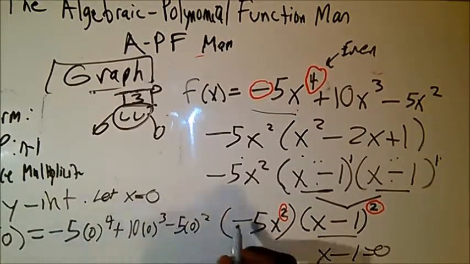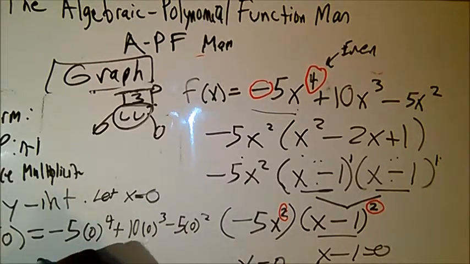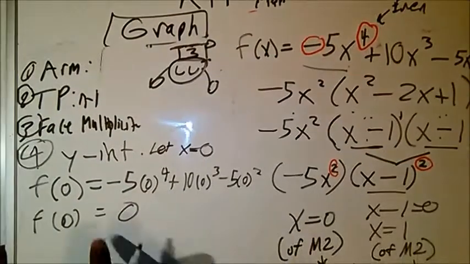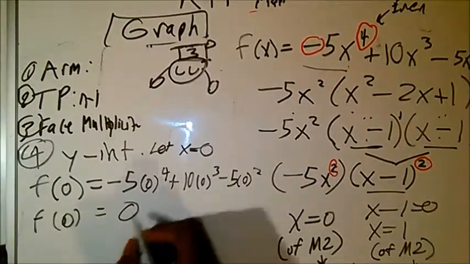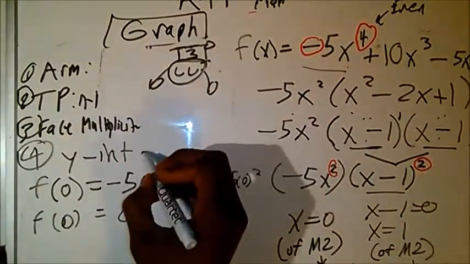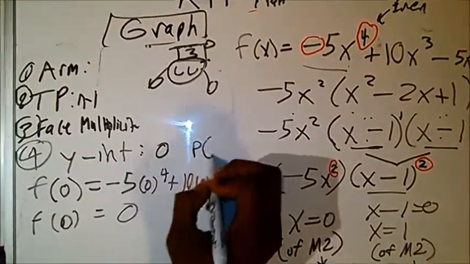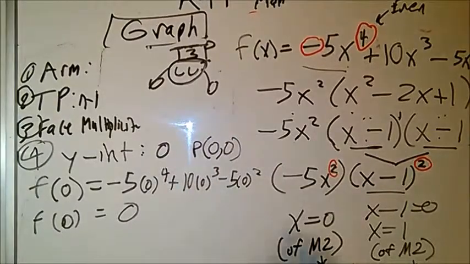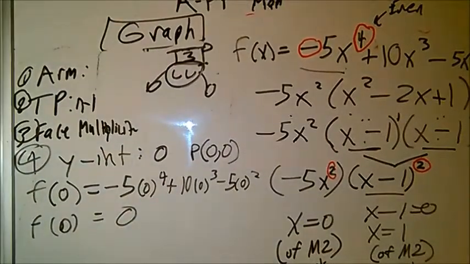If we solve it, it's going to be equal to 0. So f of 0 is equal to 0. So our y-intercept is 0. The coordinate point is (0, 0). So we're done. We have all the points we need.